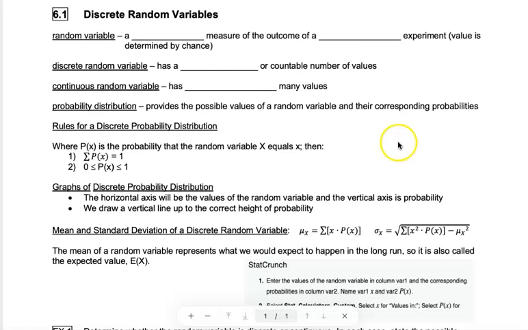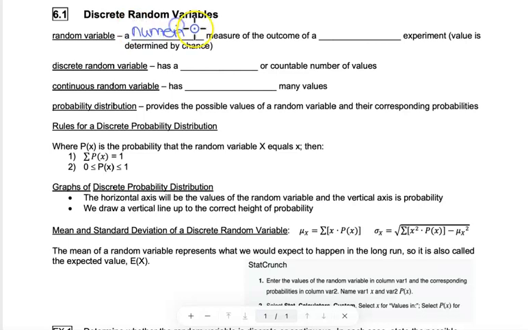All right, so today we start Unit 6, Chapter 6, and we're going to talk about discrete random variables today. So, a random variable in general is a numerical measure of the outcome of a probability experiment.